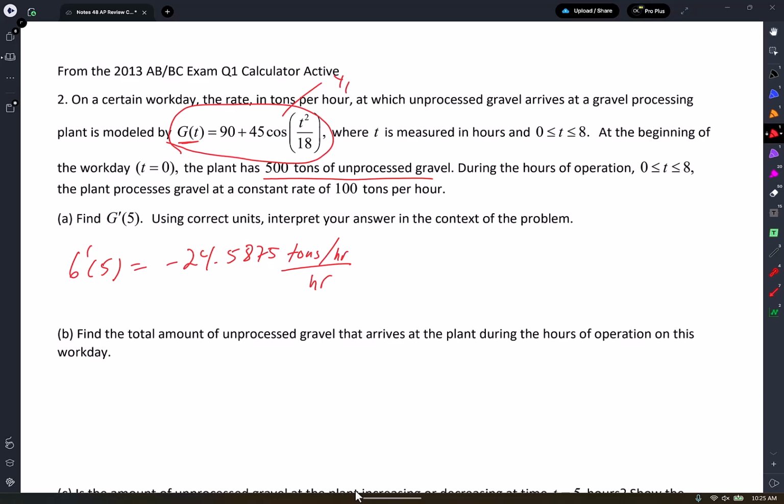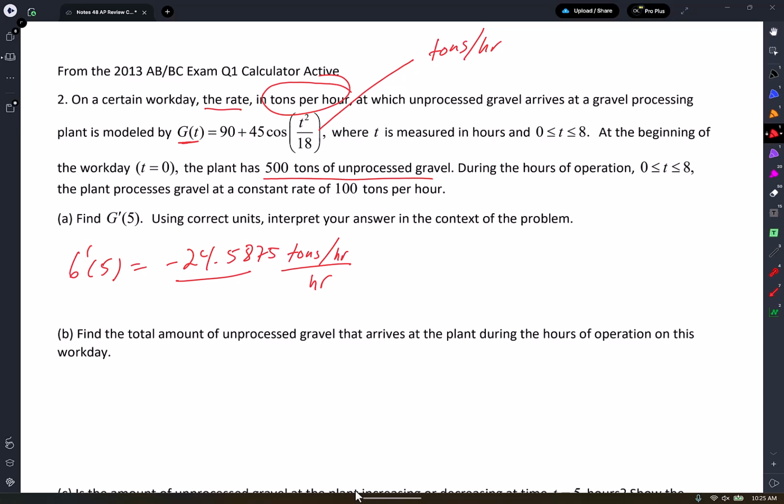Explain that. Yes. G of T is already a rate. On a certain workday, the rate in tons per hour at which unprocessed gravel arrives at a gravel processing plant is modeled by G of T, where T is measured in hours. So this was already tons per hour. Do you get the answer wrong if you do the units wrong?